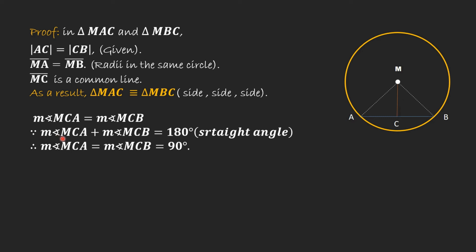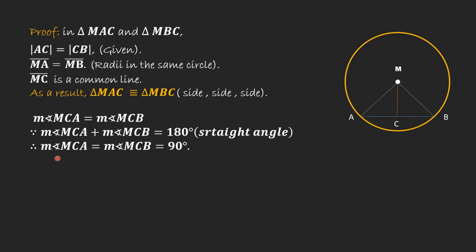And we know that the measurement of the angle MCA plus the measurement of the angle MCB, these two angles, add up to 180 because they lie on a straight line, so they form a straight angle. And as we know, the measurement of any straight angle should be 180, right? So the sum of these two angles together should equal 180 because they are on a straight angle.